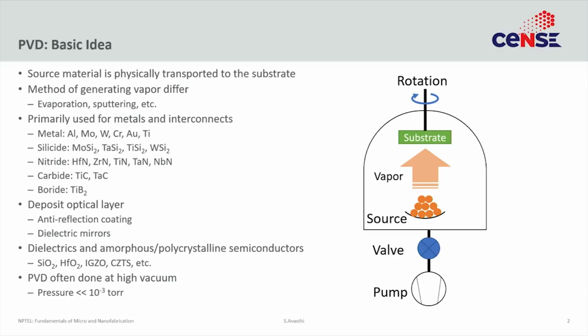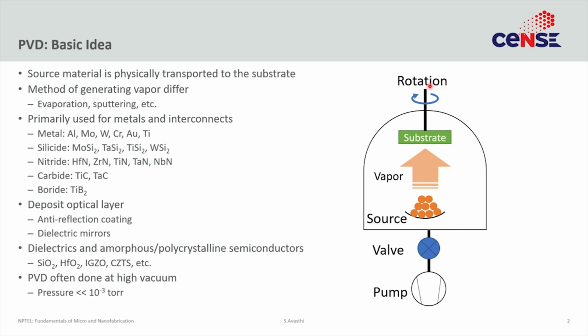So the basic idea of PVD is something we touched in the first lecture when we looked at the introduction to all the various techniques. The idea is that you have a certain source, and unlike CVD where you make the material in situ on top of the substrate, here you have the material already made. So you already have the source in some form, typically solid form, and all you have to do is convert the solid into a vapor and then transport this as a vapor to the substrate and deposit it or condense it.